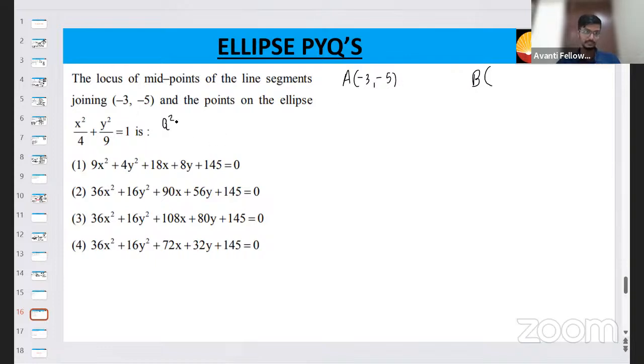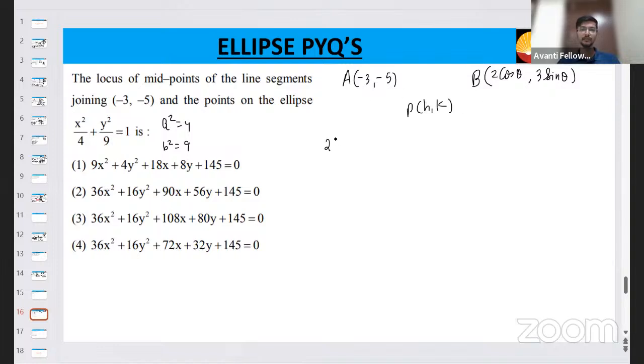So here A square is 4, B square is 9. So the point is 2 cos theta, comma, 3 sin theta. Let the midpoint be the point P(h, k), the locus point. Right? So it is given P is the midpoint of this and this.